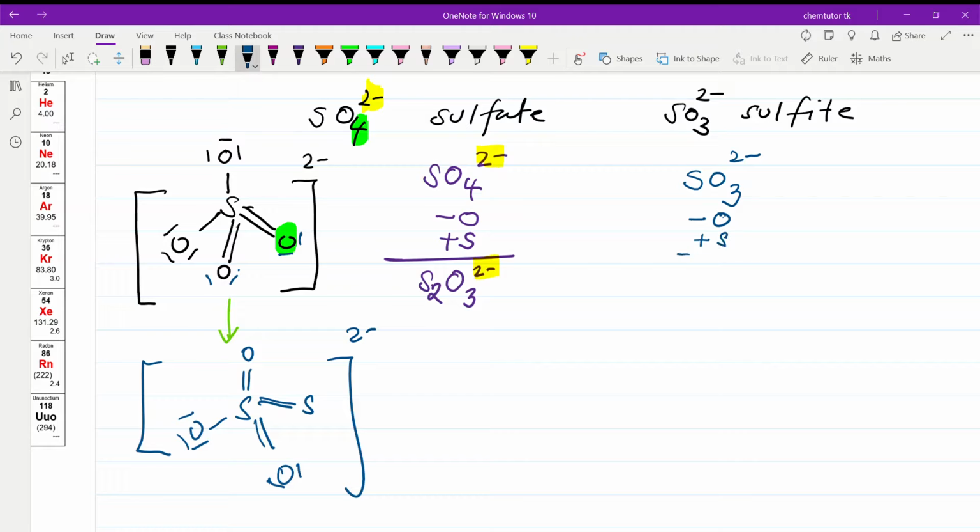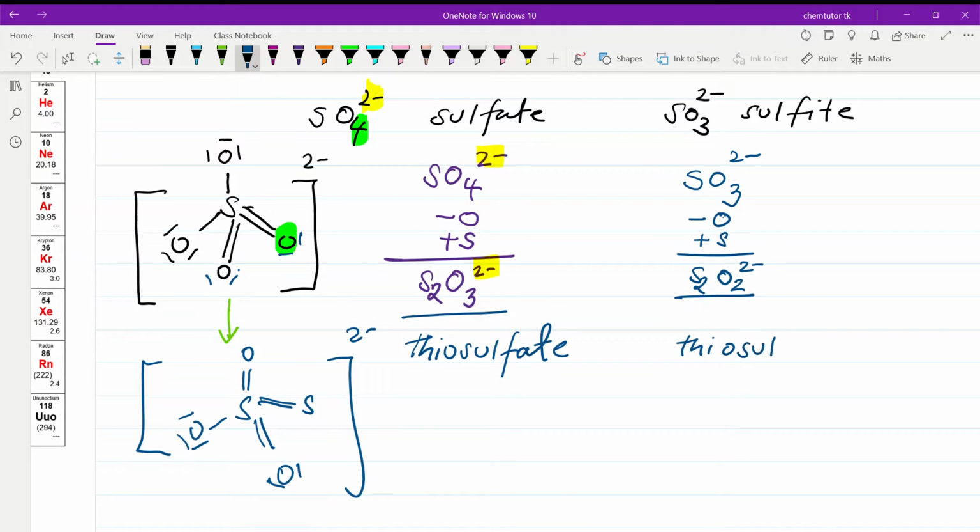From that you derive the new formula. If you take away oxygen and add sulfur, then S2O2 2 minus. The name of this one is thiosulfate. This one is thiosulfite.